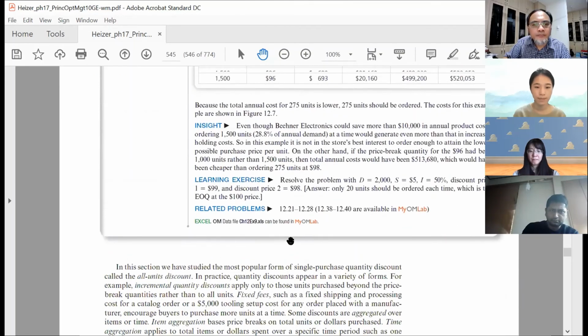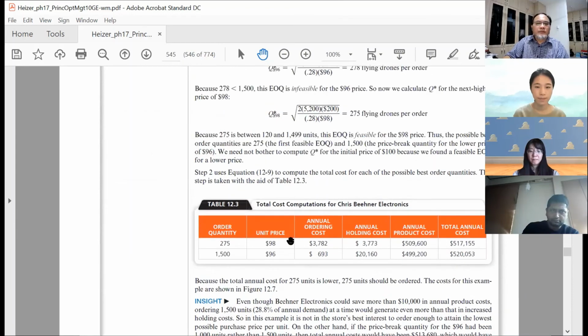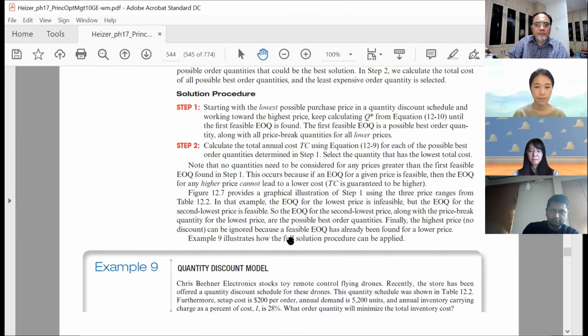The solution procedure was already explained: start with the lowest possible purchase price in the quantity discount schedule and work toward the highest price.